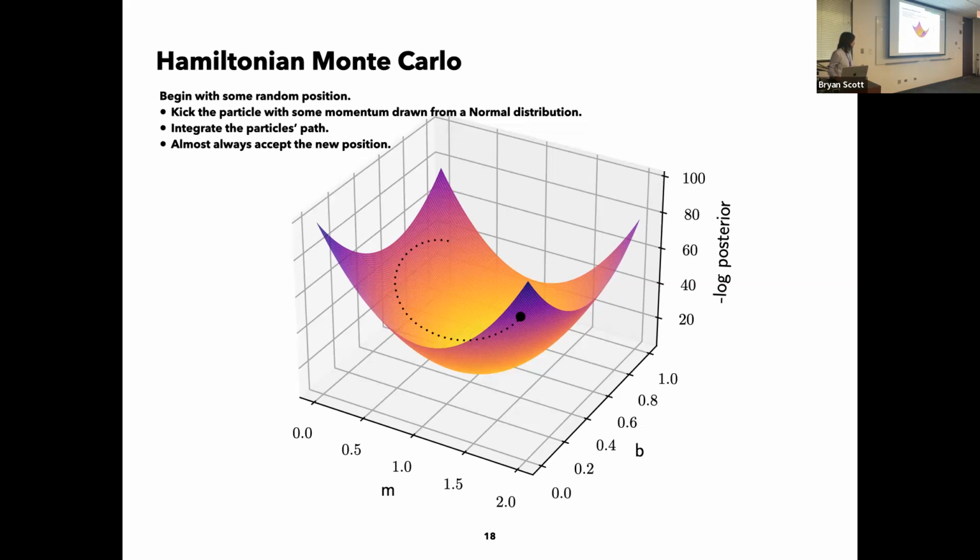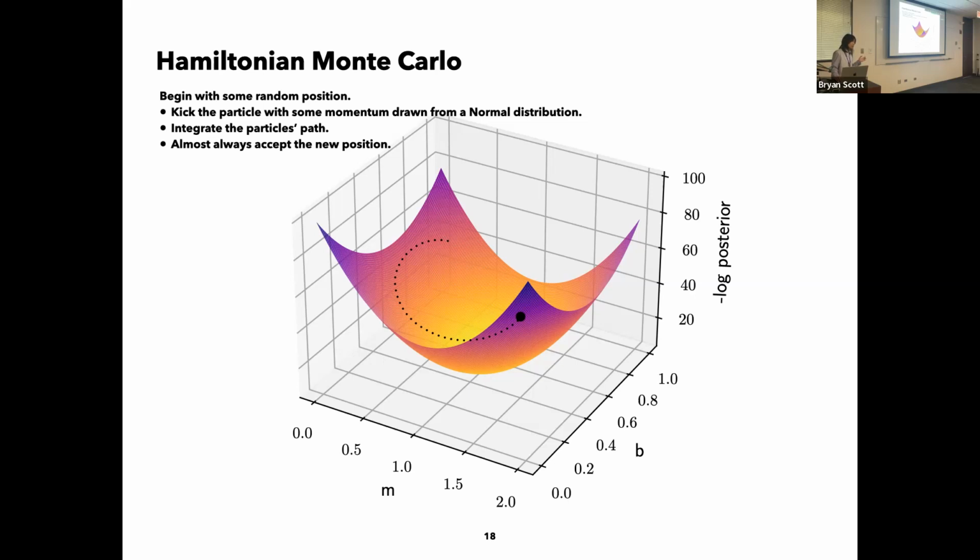Almost all the time we accept the proposal. We integrate the ball with some random initial momentum to a new position. In rare cases where we don't accept the proposal, the energy of the whole system is no longer conserved.